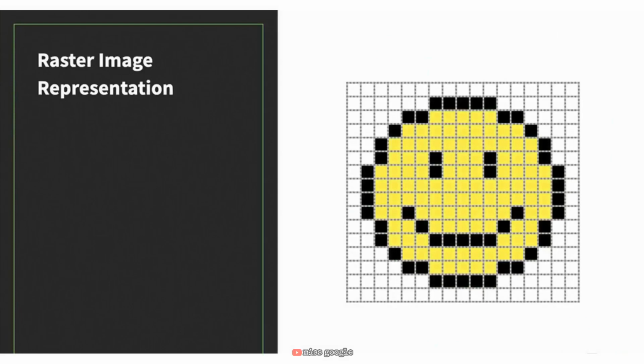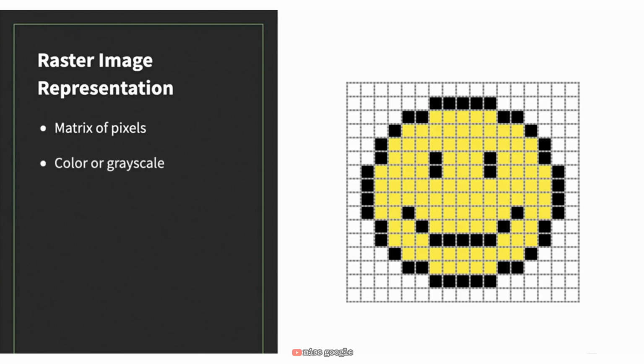There are a few ways you may represent images in a computer. One of the most popular is the raster image representation, which is the type of images we'll see in this course. Up ahead, we'll get to know raster images and some important details about them. First, a raster image consists of a matrix of pixels, which are the small dots or squares that compose a picture like this smiley.